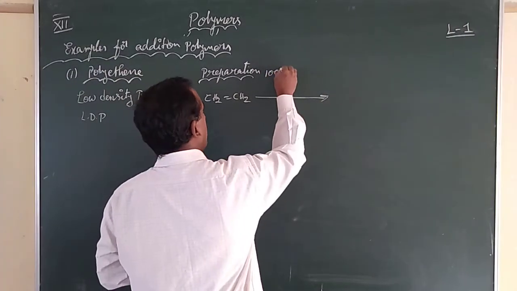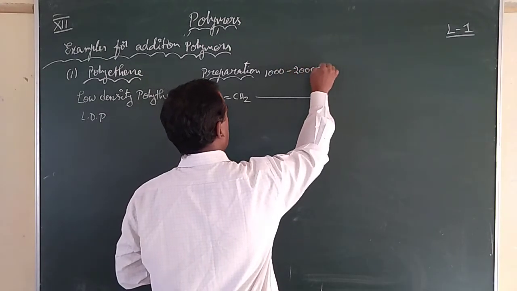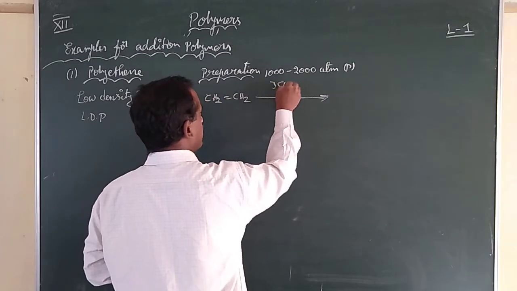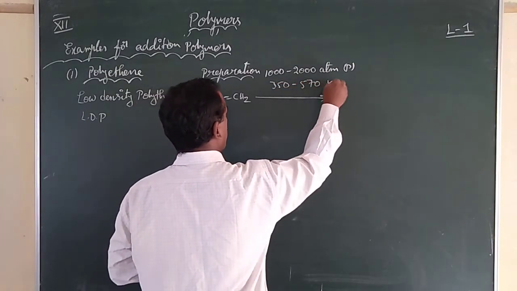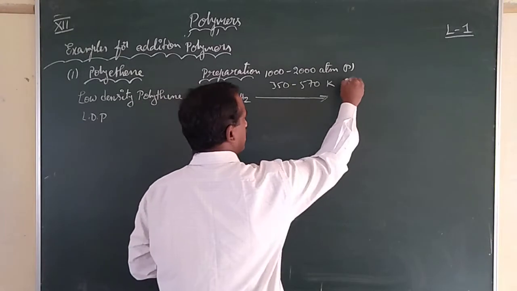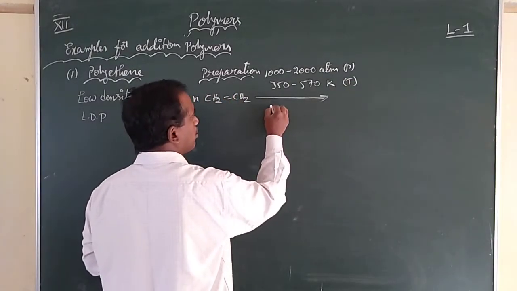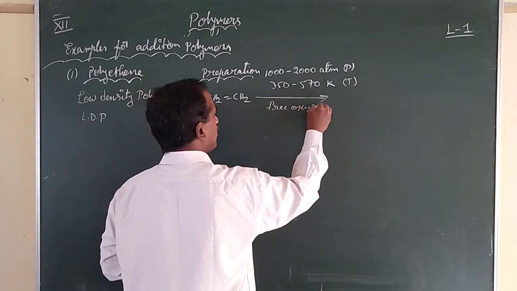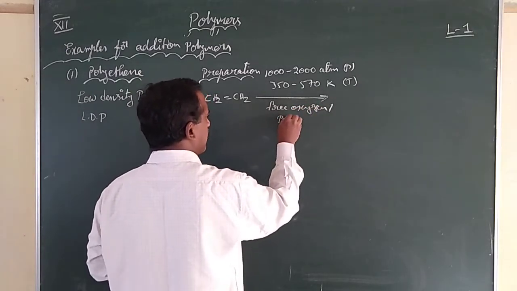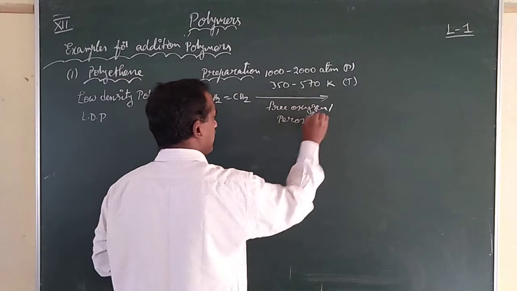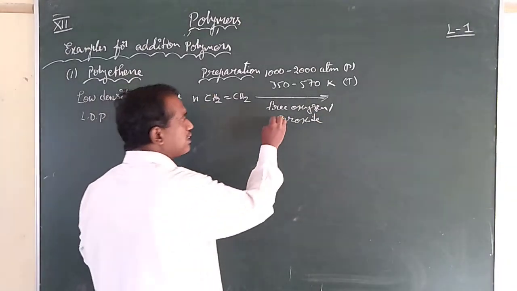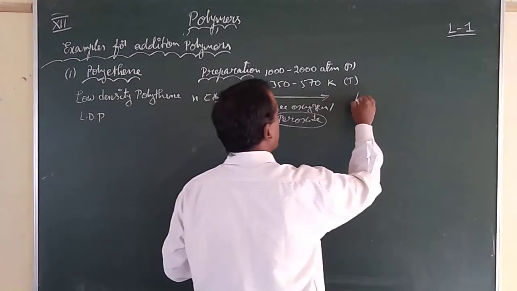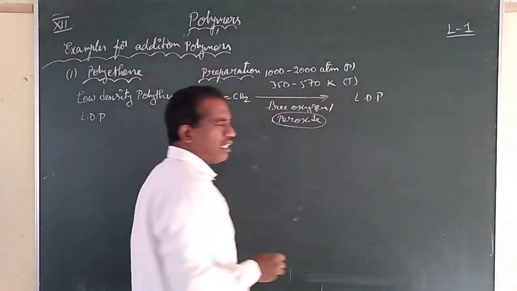It is done at 1000 to 2000 atmospheric pressure, at a temperature of 350 to 570 Kelvin, in the presence of free oxygen or a peroxide catalyst, to give low density polythene.